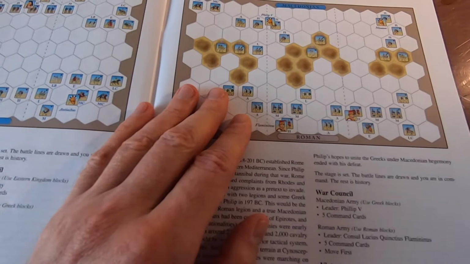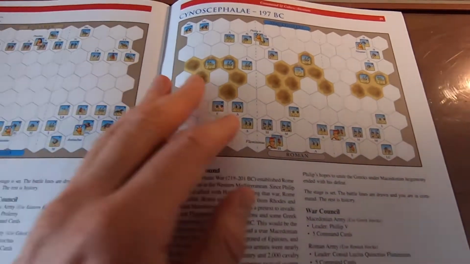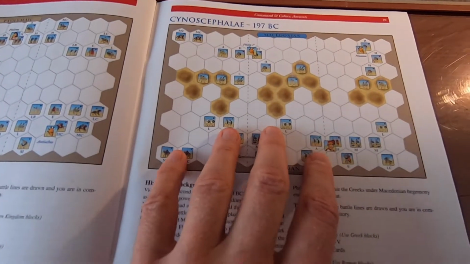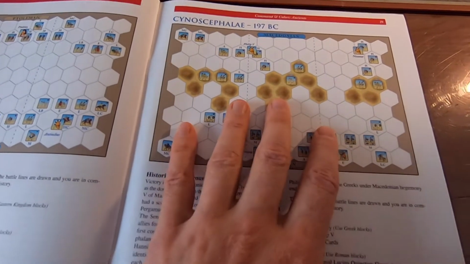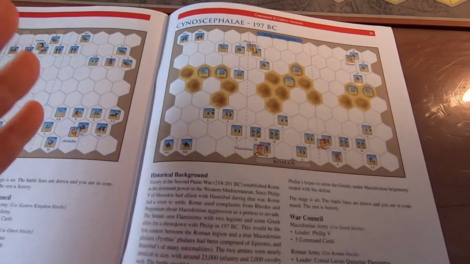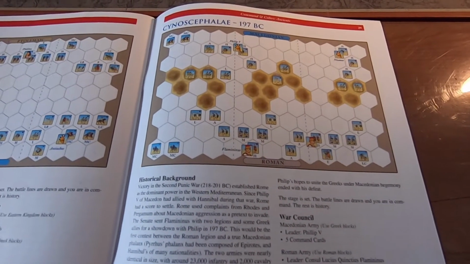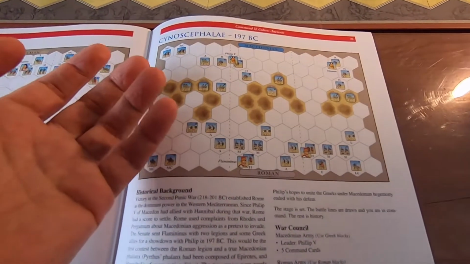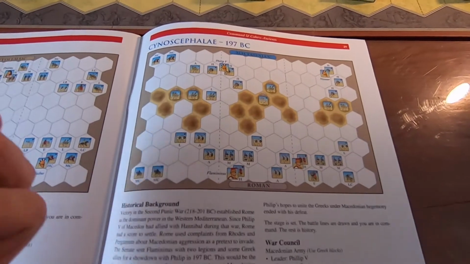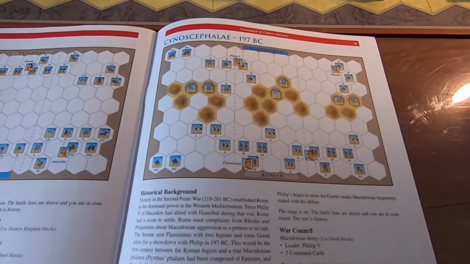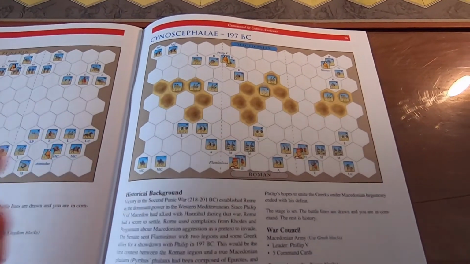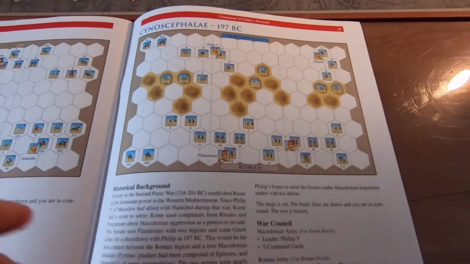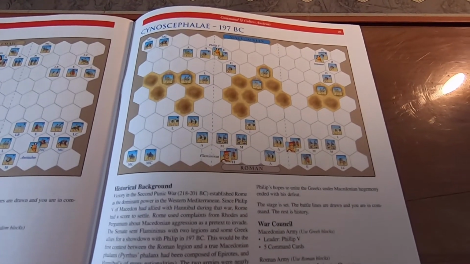Now what caused the Roman invasion of Macedonia here was pretty much that the Macedonians were acting a bit hostile and aggressive towards their neighbors, and especially the Aetolian League, which is a league of Greek states.